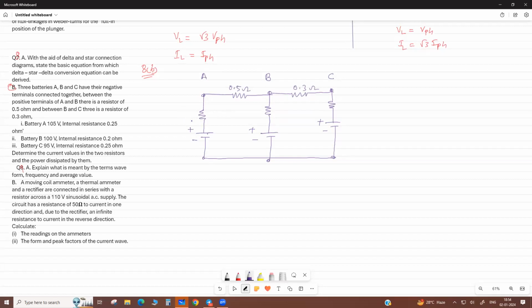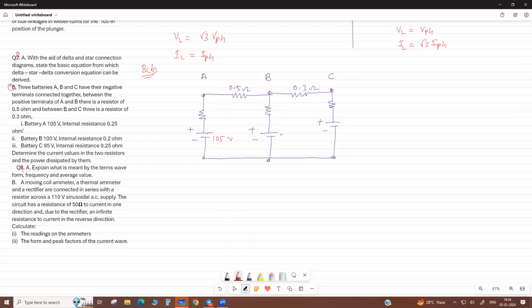And the battery details: battery A has a potential of, what is the potential of this battery? 100 volt, no, it is 105 volt.